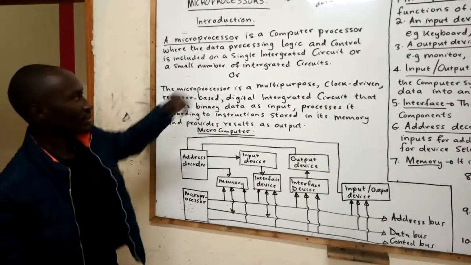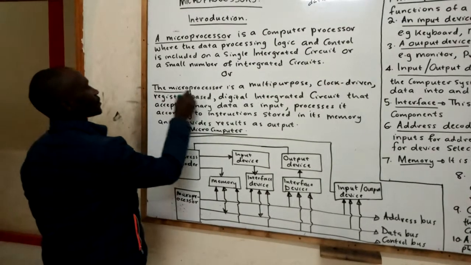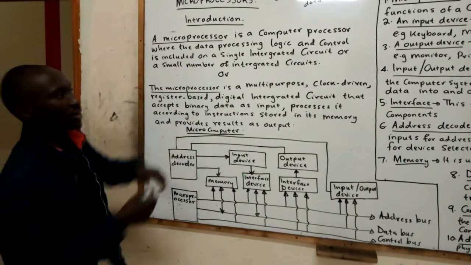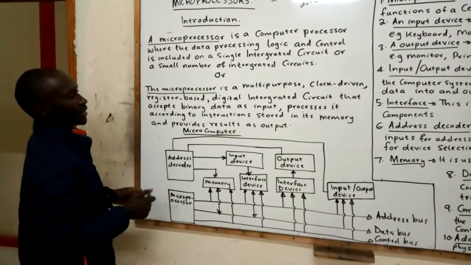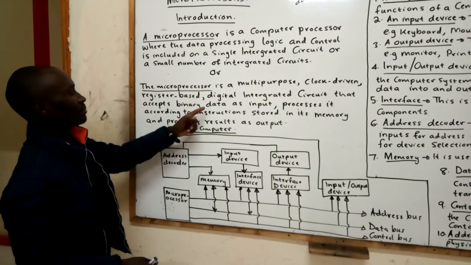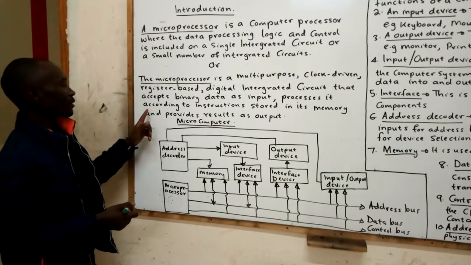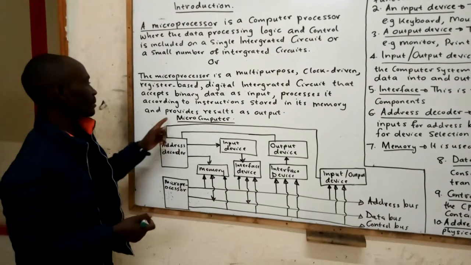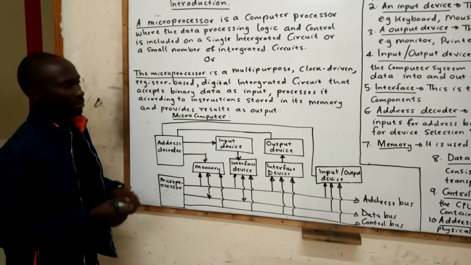integrated circuits. You can see that the microprocessor is a multi-purpose, clock-driven, register-based digital integrated circuit that accepts binary data as input, processes it according to instructions stored in the memory, and provides results as the output.